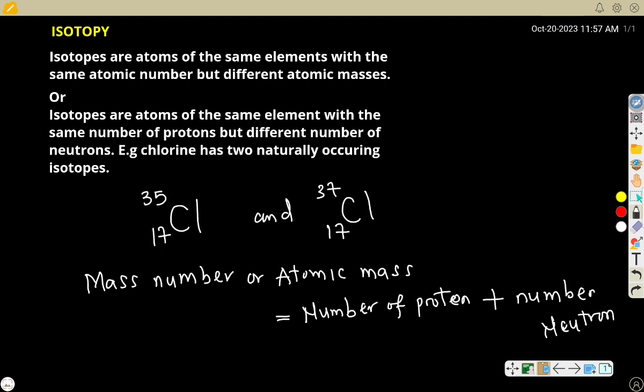Take note. So mass number or atomic mass is equal to number of proton plus number of neutron.